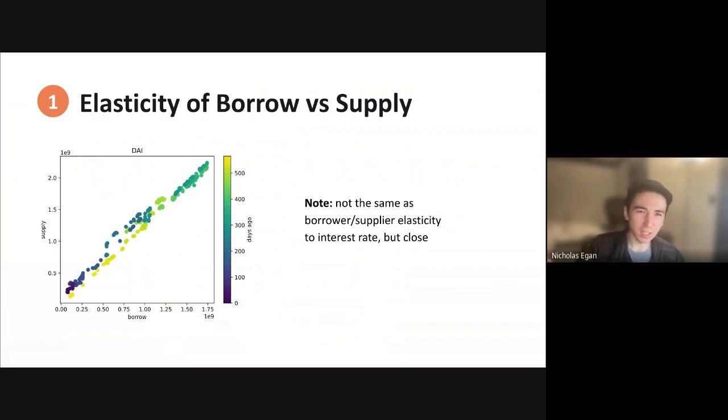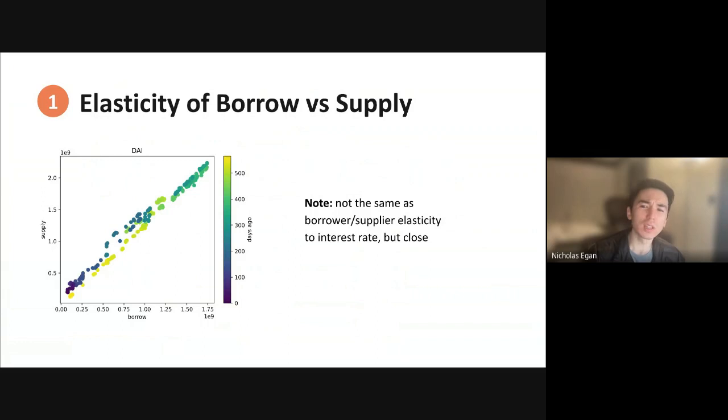And as you can see, the amount borrowed is very correlated with the amounts supplied historically. The fact that borrows and supplies are so correlated with each other implies that borrowers and suppliers are quite elastic with respect to each other. Every change in amount borrowed seems to be accompanied by a proportional change in amount supplied.